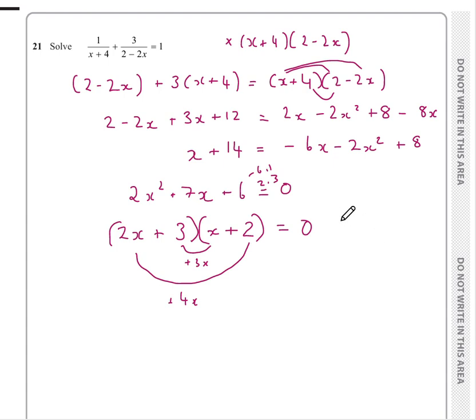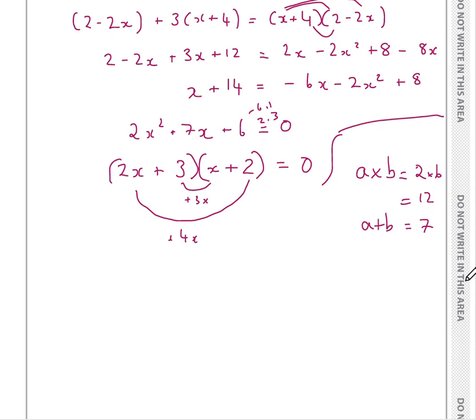You may also use a different method. There's a number of different methods that we can use to factorize these. Another that I quite like, if we're factorizing this, a times b is going to give us 2 times 6, which is 12, and a plus b is going to give us 7. So I'm going to use the grid method to factorize this.